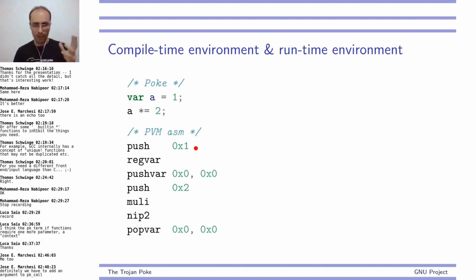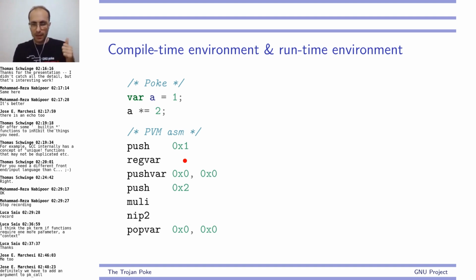So it's a runtime thing. It's a variant type, actually. So here it contains 1, and we are pushing that onto the stack. And we have this instruction regvar, which will register a variable in the current lexical environment in the PVM. Here we are in the PVM.